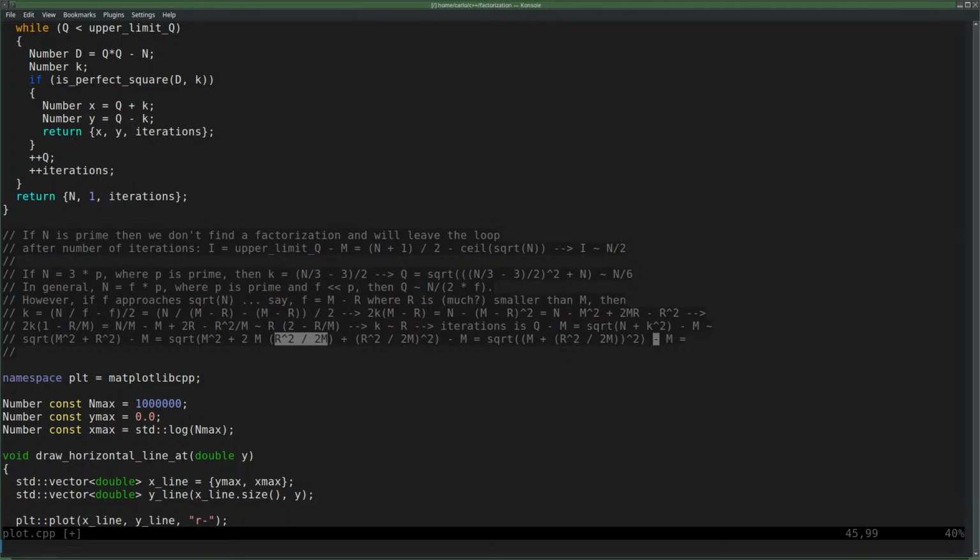Where's my m squared? Totally had an m squared here. No, wait a minute. I squared it like that. So this is m squared plus 2 times that times m. Yeah, okay. This is what I wanted. So we take the square root of that, and then we subtract m, and then we end up with this.